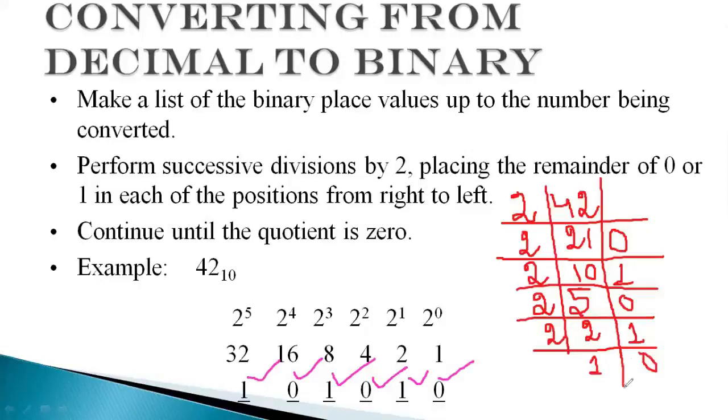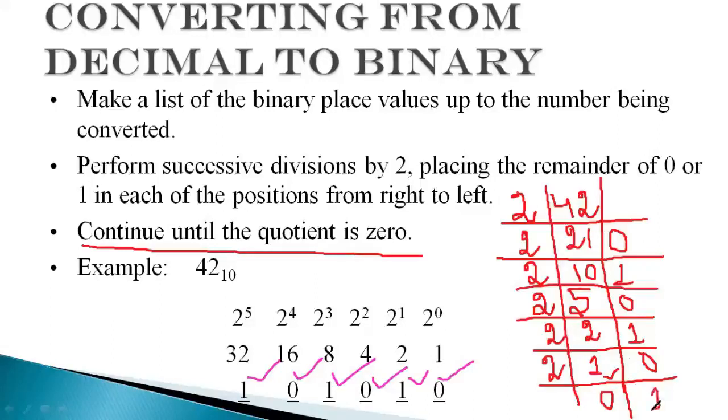We have to continue the process. You can stop here, that is one option, or you can continue the process until the quotient is 0. If you are stopping here, then you have to consider the numbers from the middle of the chart, that means from this one. But if you are moving one more step, let's move one more step. 2 0s are 0, and the remainder will be 1.